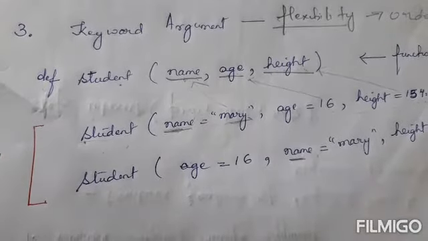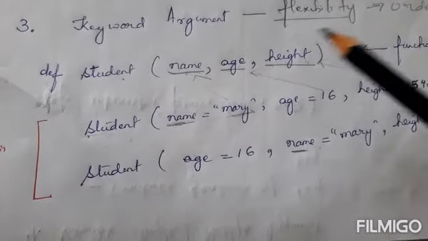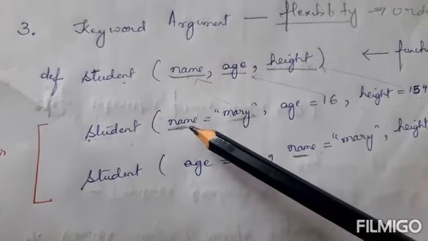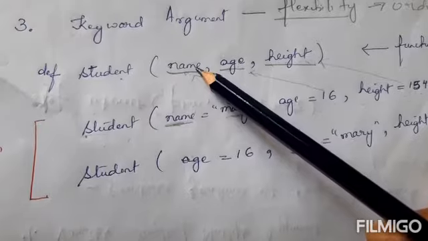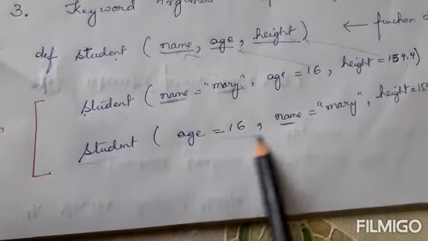Right? So that is the only thing that you have to remember. The parameter name in both the function call and the function definition have to be exactly the same. Then only it will be possible for you to define it this way.